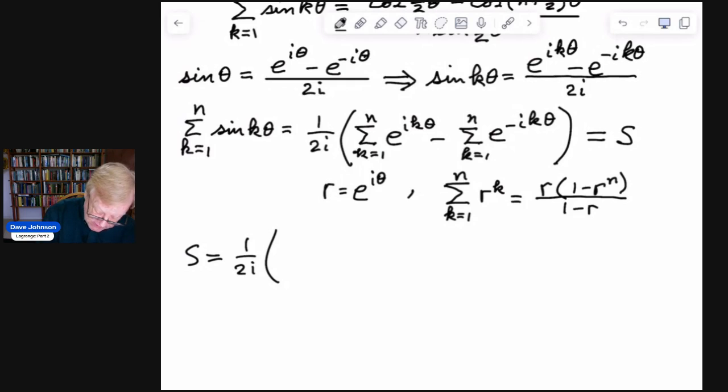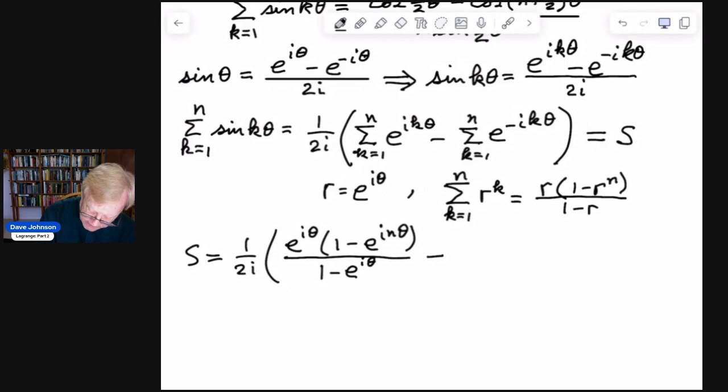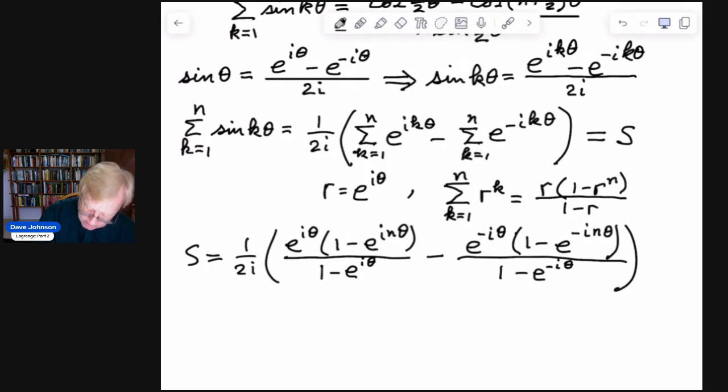And so I get r, which is e to the i theta, times 1 minus r to the n, which is e to the i n theta, all divided by 1 minus e to the i theta, and then minus, and that sum can be replaced with that r, which is e to the negative i theta, times 1 minus r to the n, which is e to the negative i n theta, divided by 1 minus r, which is 1 minus e to the negative i theta, close parenthesis.